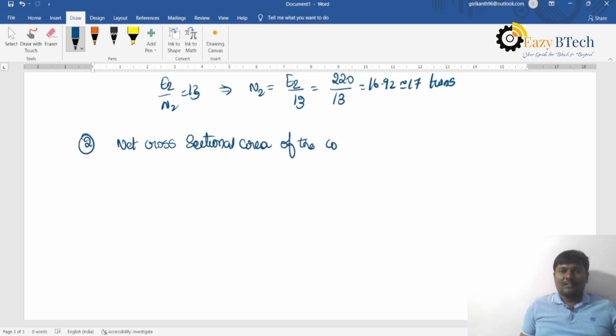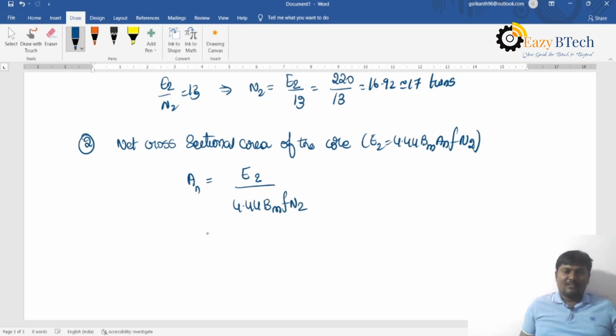So it looks like the same as the previous problem. Area is equal to E2 divided by, see, E2 is equal to 4.44 into B max into A n into F into N2. Net cross sectional area is E2 divided by 4.44 into B max into F into N2. What is E2? 220.